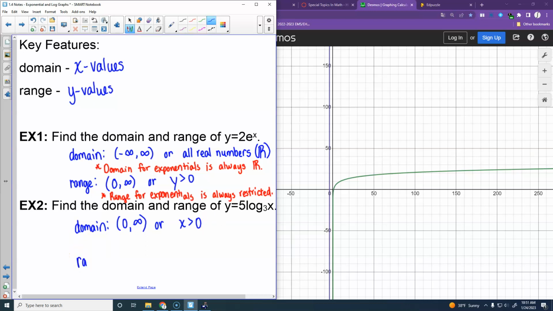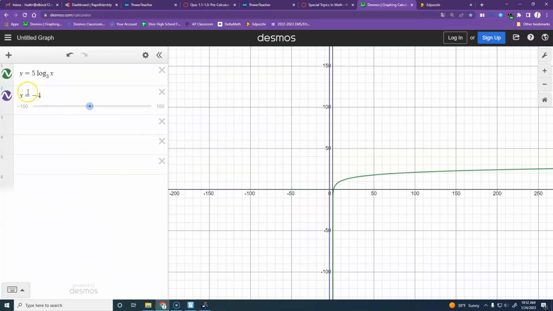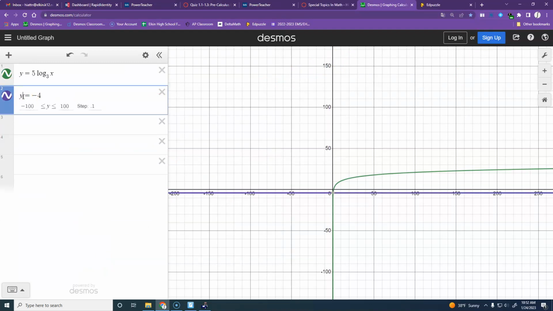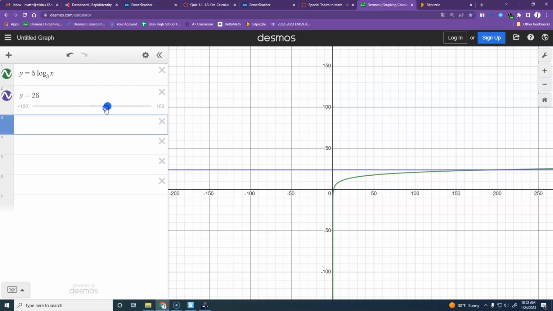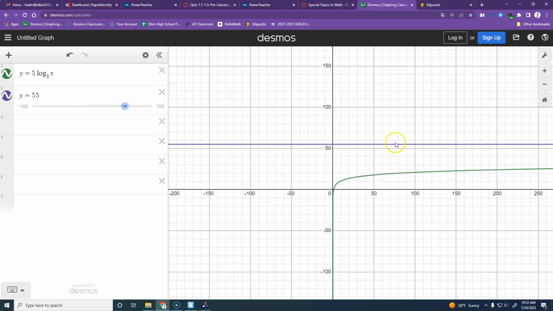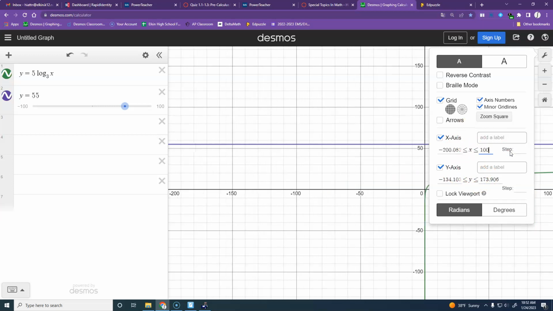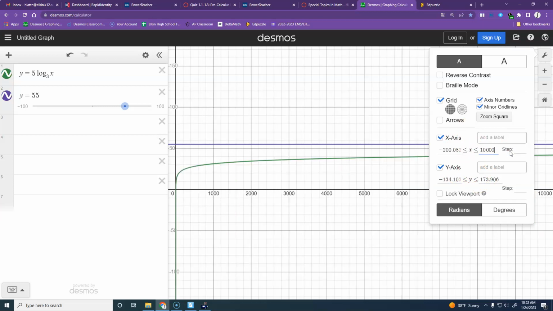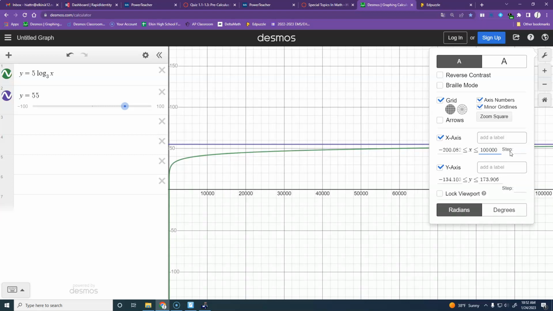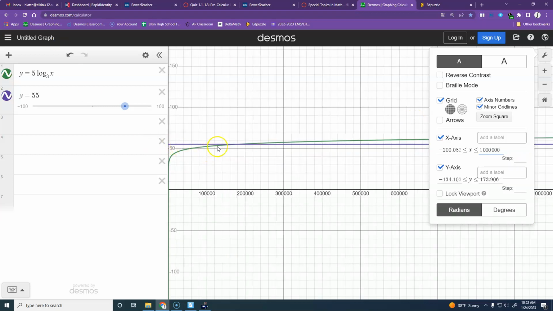Now, my range here, so now we're looking at y coordinates. If I look here, as I change this, and I go right here, it looks like I never hit that line for my graph. But if I change my x-axis like I was doing before and make it 10,000, 100,000, eventually you can see I got that line to cross that value, right?